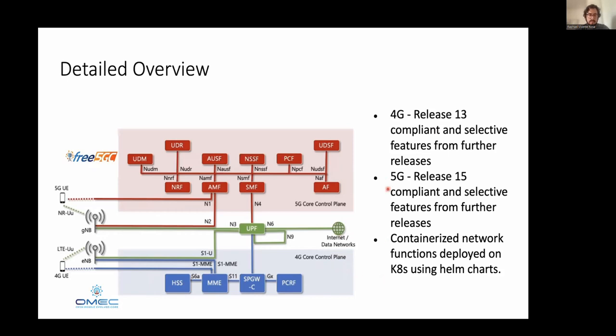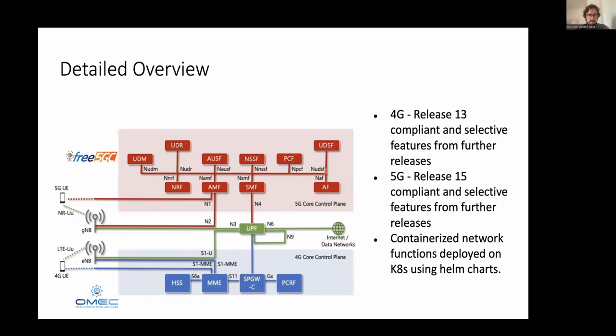The same for the 5G. The 5G is compliant with release 15 of 3GPP, and there are other features, for instance, from release 16. You can check this in the release notes of the project. They provide certain features that were customized by the developers.